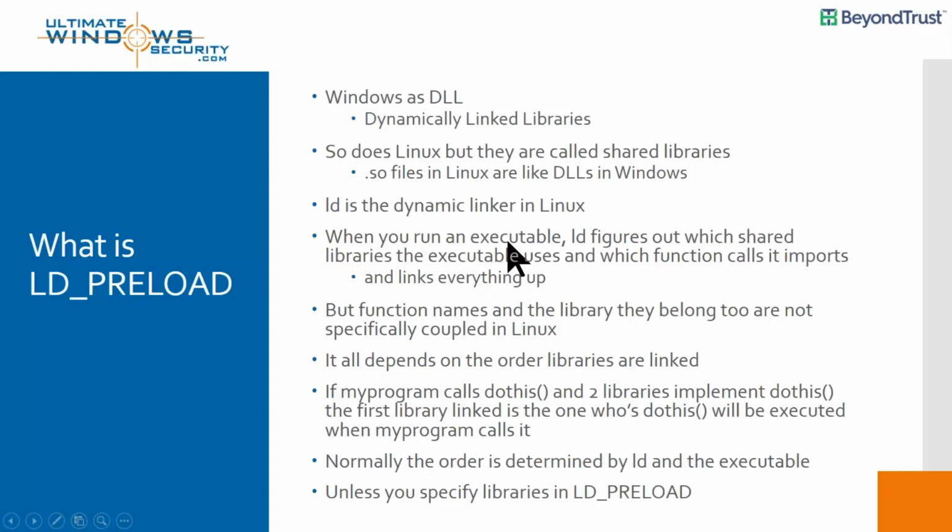For those of you coming from a Windows world, we need to understand relocatable libraries, or shared libraries, they're called in Linux. In Windows you have DLLs, which stands for dynamically linked library, meaning that when we compile the program, we don't put the code in that library into the exe.